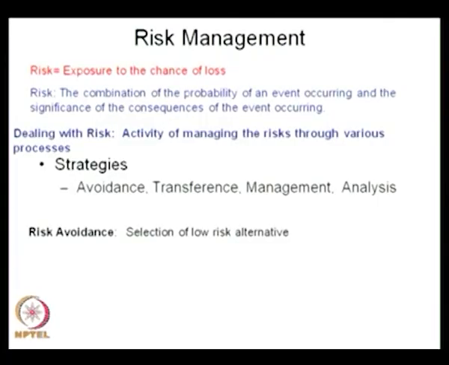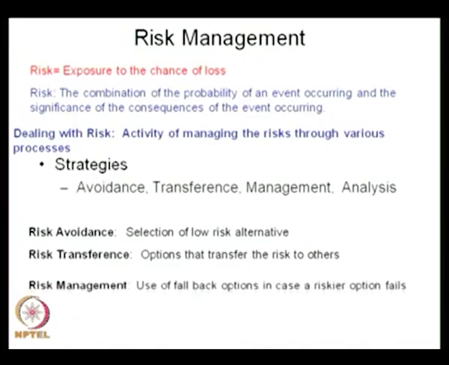The other one is risk transference, the option that transfers the risk to others. For example, when you drive a car, you have vehicle insurance. You do not want to take the risk yourself, so you transfer the risk to an insurance company. That is risk transference: you transfer it to someone else.